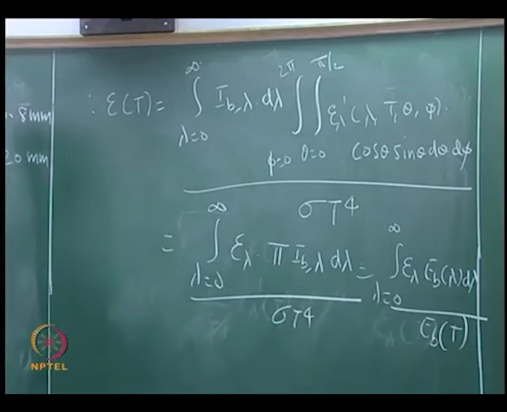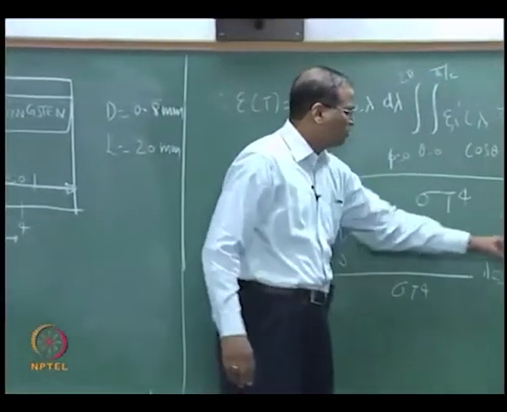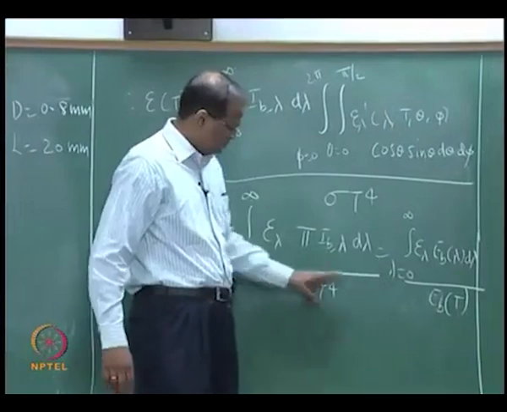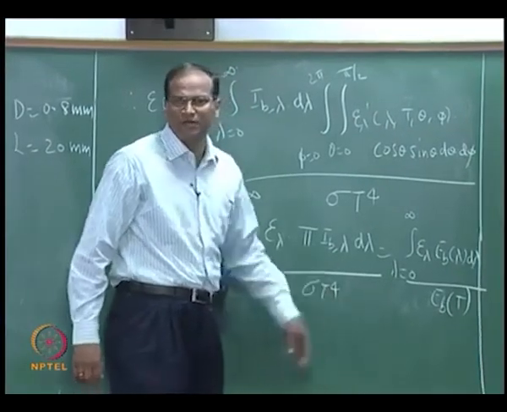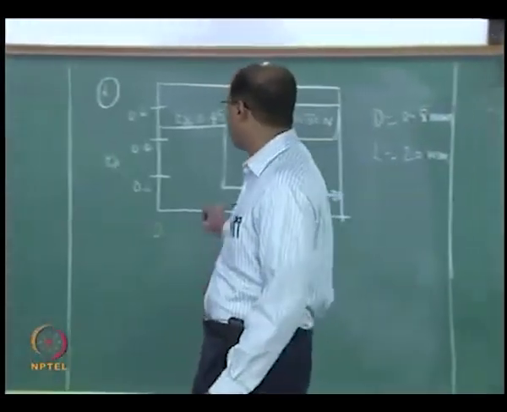I did two things. I absorbed the pi and put it as E B lambda. In the denominator I can interchangeably use E B T or sigma T to the power 4. Okay. Now we have to apply it to this case.